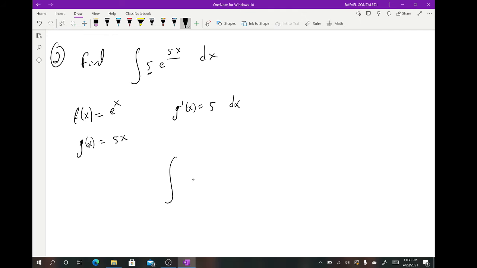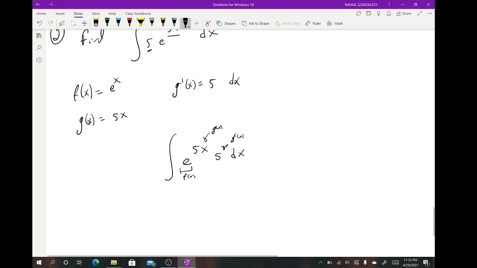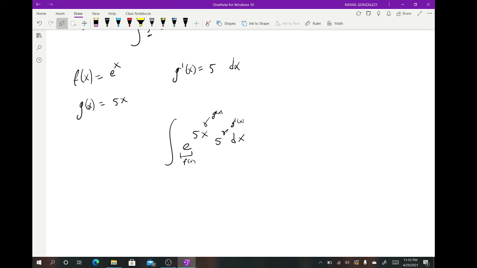But anyway, if we rewrite this, we have 5 e to the 5x times e dx. This is our f of x, this is our g of x, and this is our g prime of x. So this fits the definition of the rule that we had, and I'm going to rewrite the rule again for your convenience.